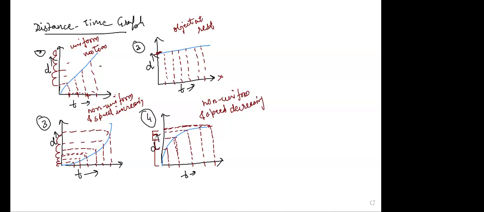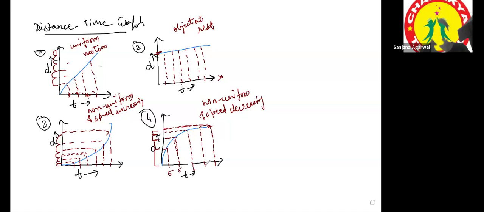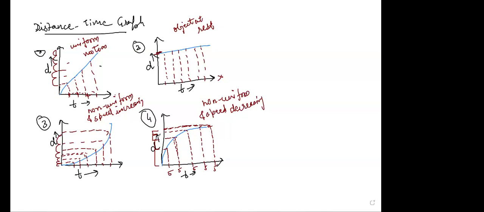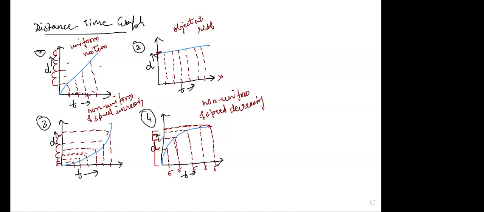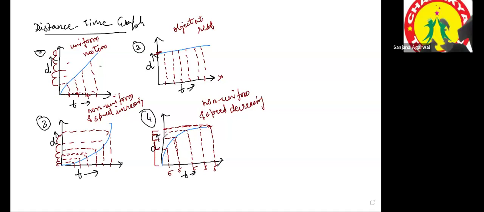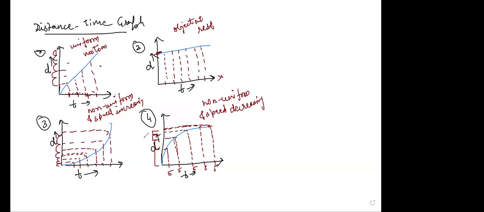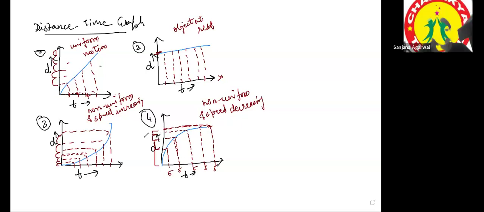Yes, the distance covered in the first, let's say, 5 seconds was the maximum. Then in the next 5 seconds, the distance covered reduced. Suppose first he covered 100 meters in 5 seconds, then the value reduced to 80. Not 80, it seems 70 only. After 70, it seems 30. After that it seems 5. So gradually the person is decreasing the speed. That's why the distance covered value is reducing.